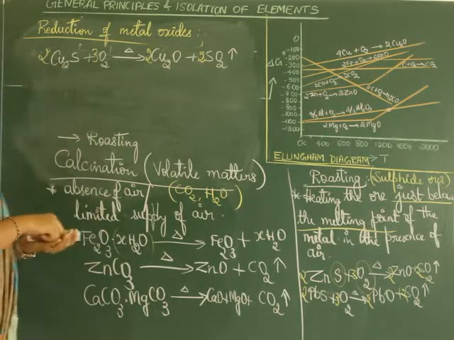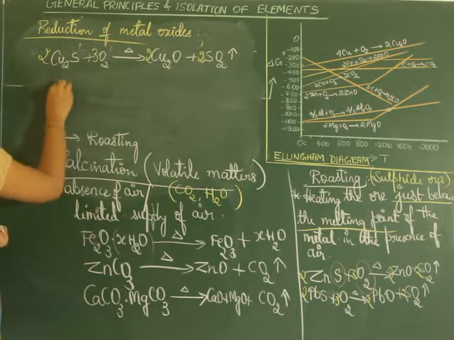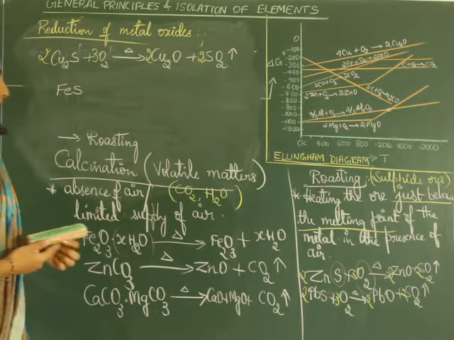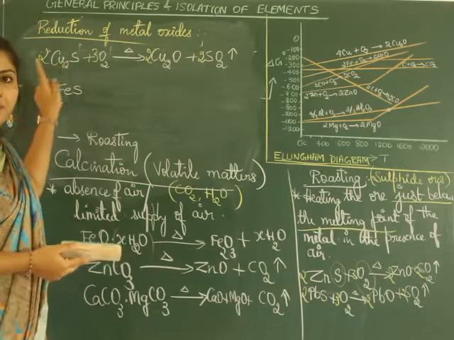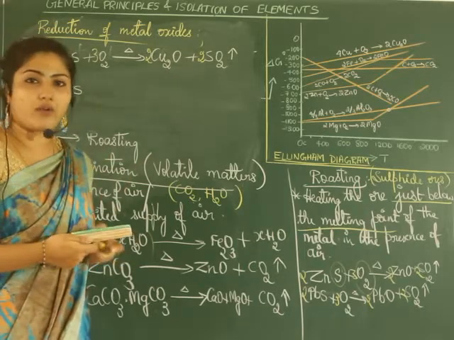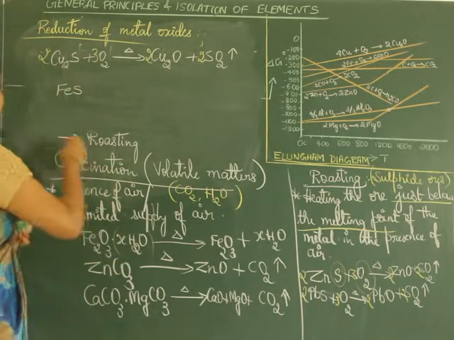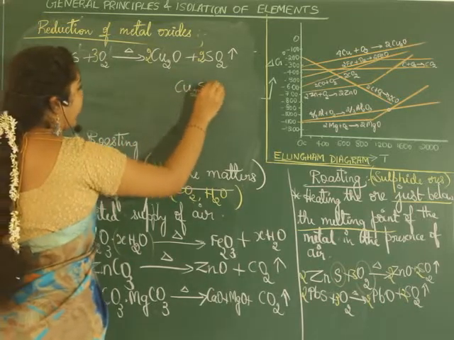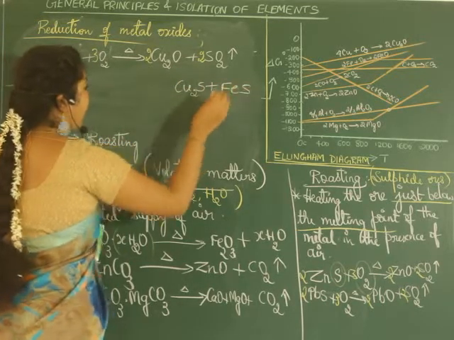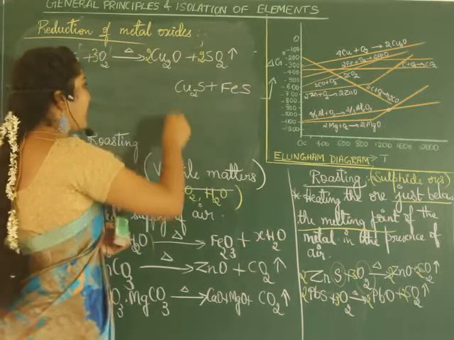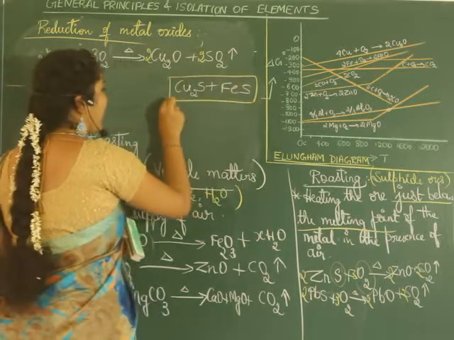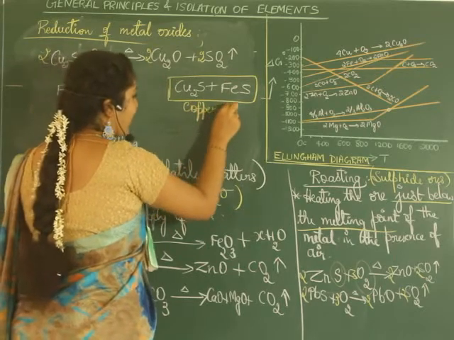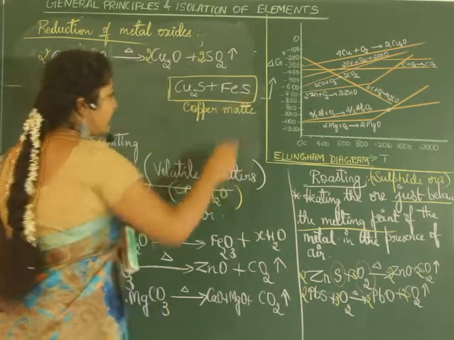If iron sulfide is present along with copper sulfide, that is, along with the sulfide ore of copper, usually it will be present as Cu2S and FeS. It's important because they keep asking the composition of it. Its name is copper matte. We call it copper matte.